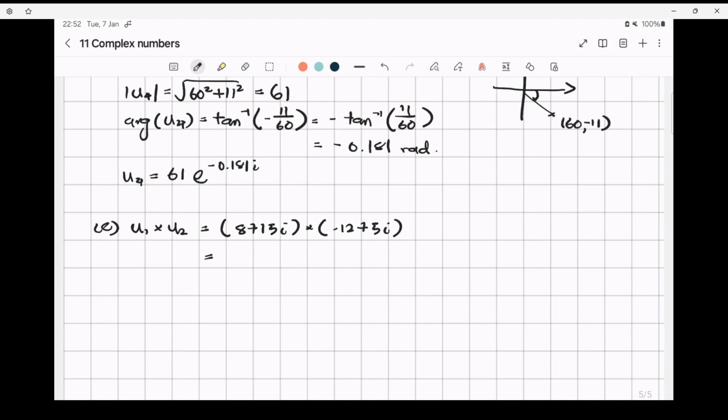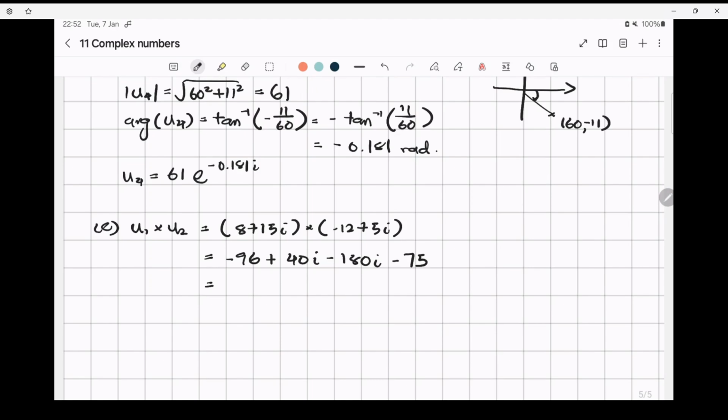So let me bring my calculator out. That will be minus 12 times 8, minus 96, plus 40i, minus 180i, minus 75.